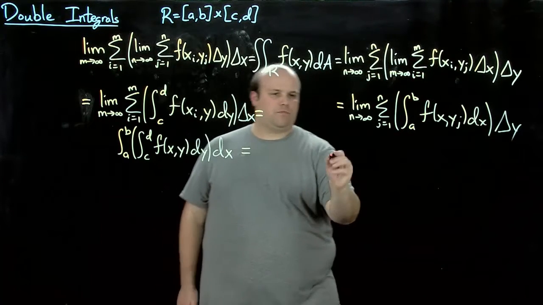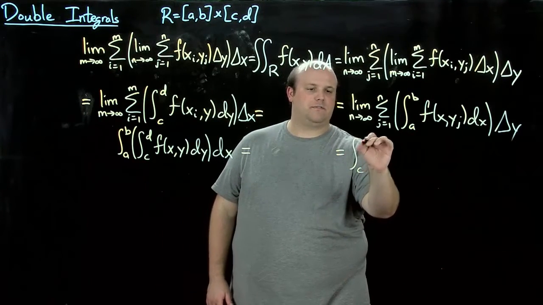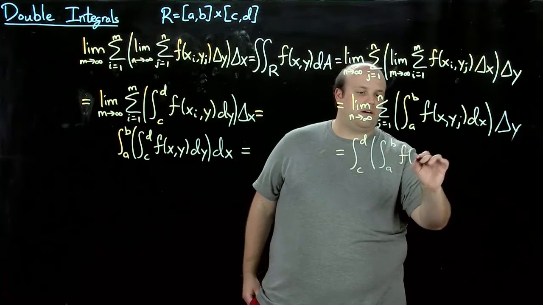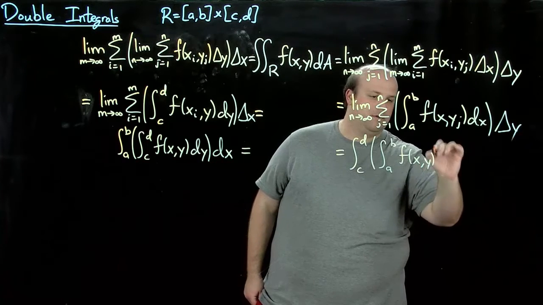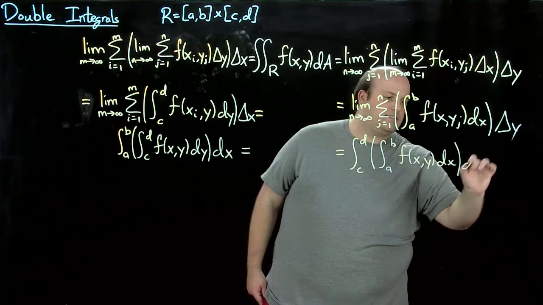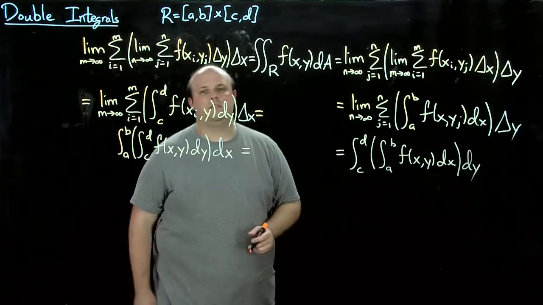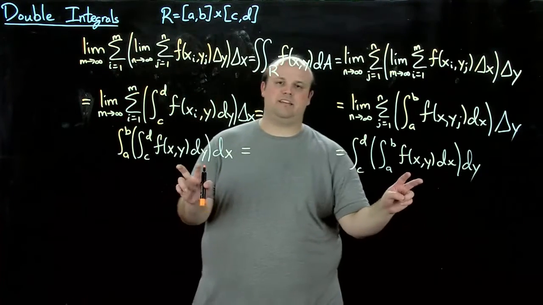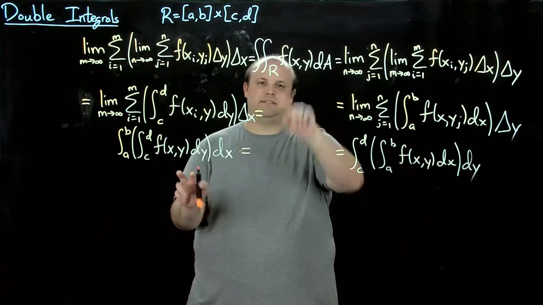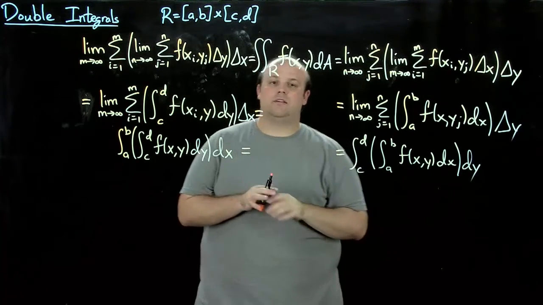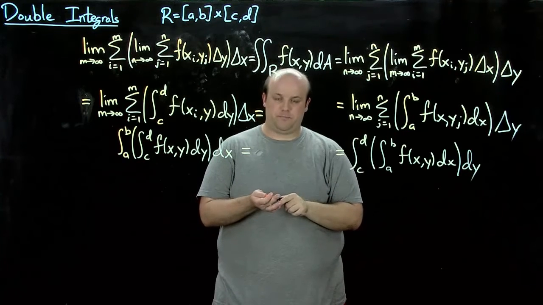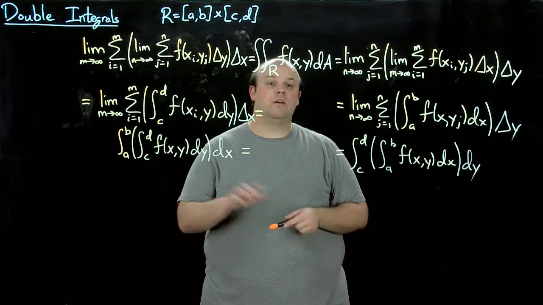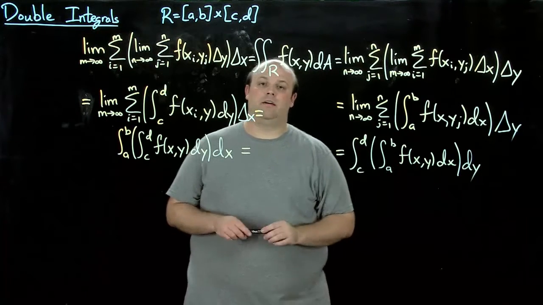And then this converts to the integral from c to d of the integral from a to b of f of x y dx, parentheses, dy. So we get that these two things are the same as this. So these are the two ways we can compute a double integral over a rectangle. We can do the y's first, then the x, or we can do the x's first, then the y.